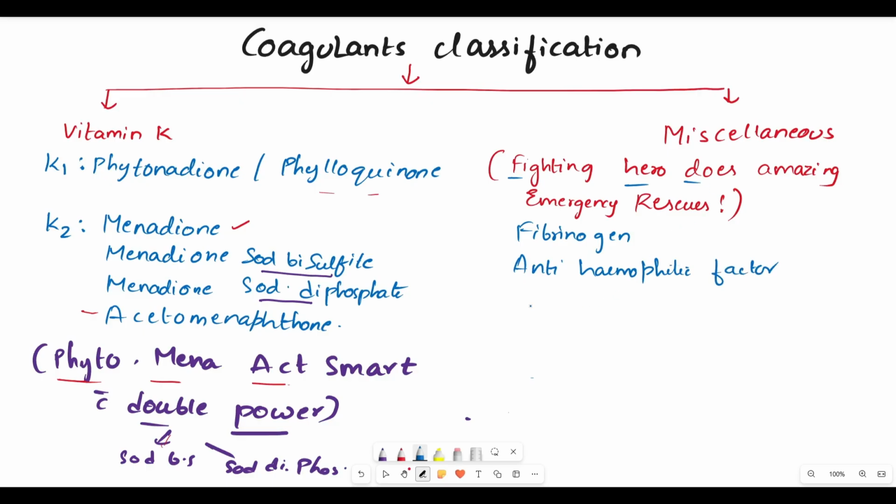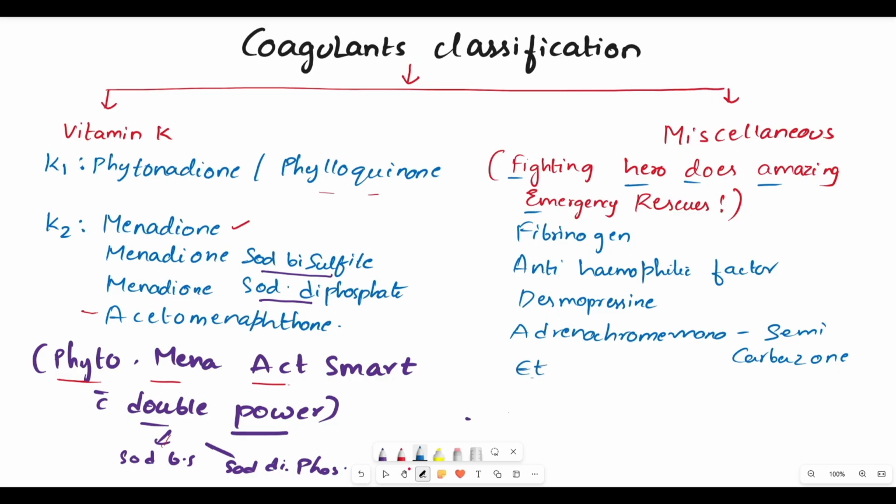D means it is desmopressin. Similarly, A means it is adrenochrome monosemicarbazone, and then E means it is ethamsylate. R means it is rutin, which is also called vitamin P.